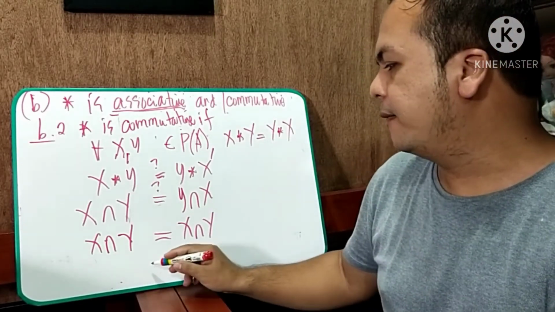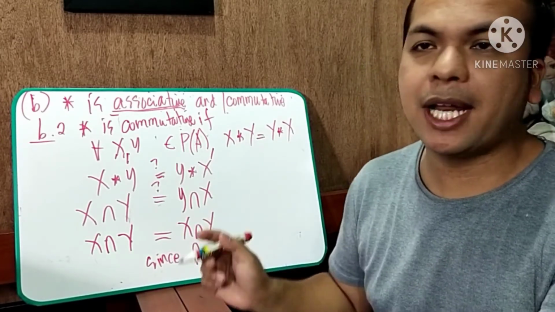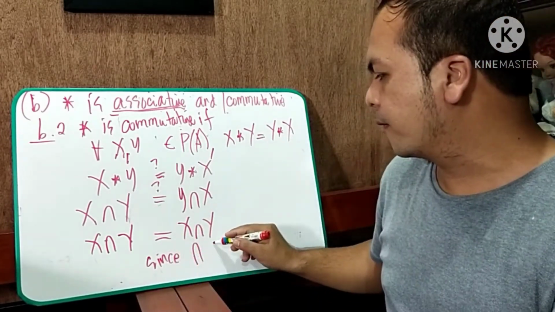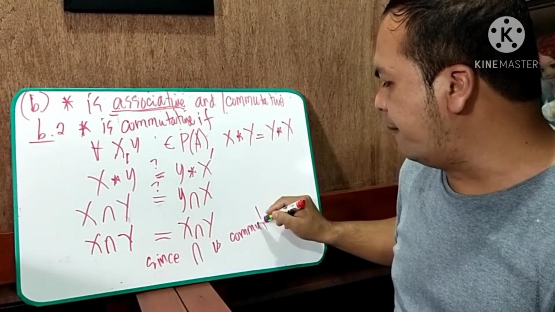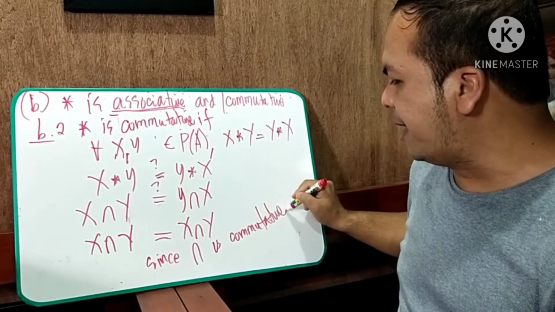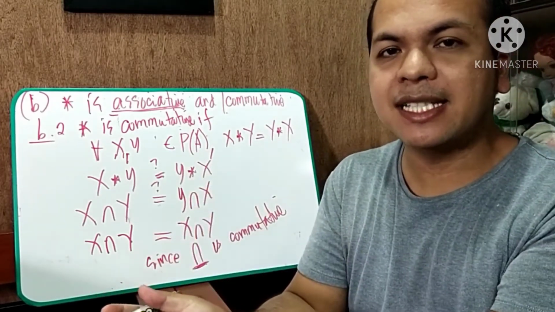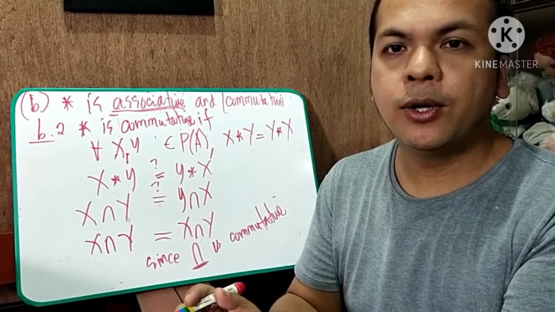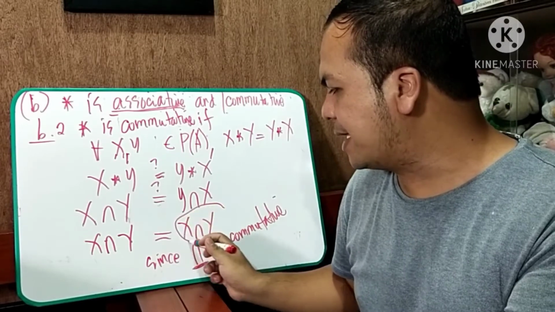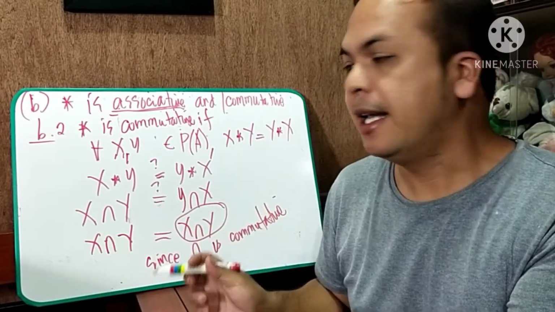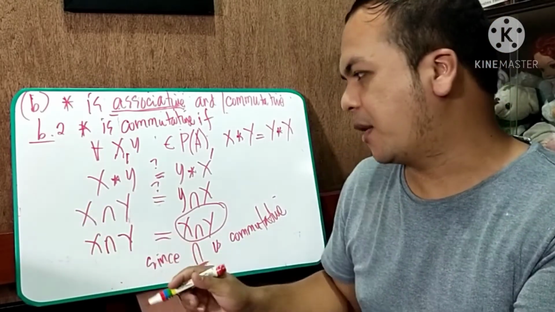Bakit? Since intersection, the operation intersection is also commutative. Alam natin, no? Alam naman natin na yung intersection as an operation on sets is also commutative. Kaya, pwede natin isulat itong right side as x intersection y, which is also equal to the left-hand side of the equation.